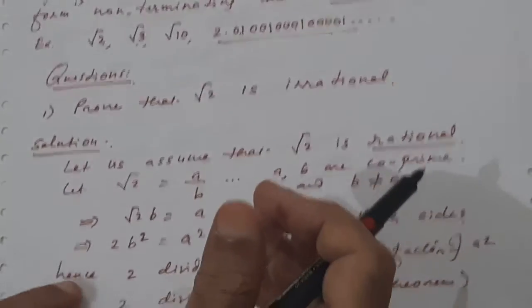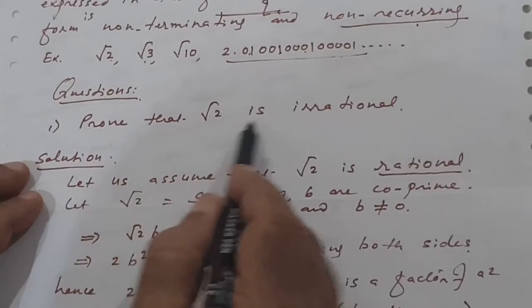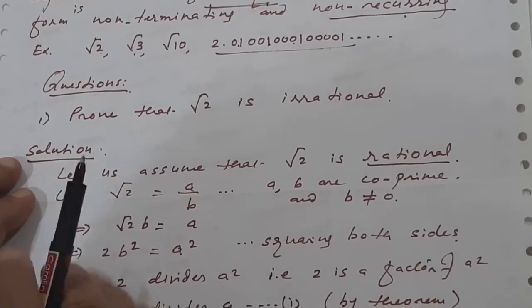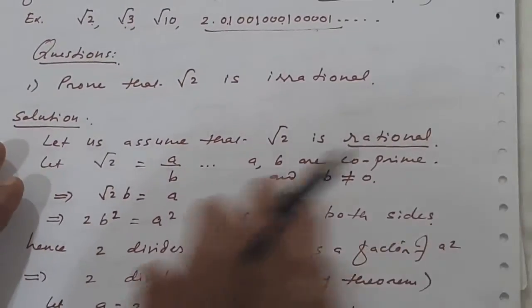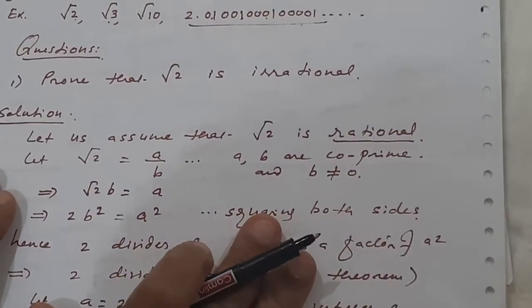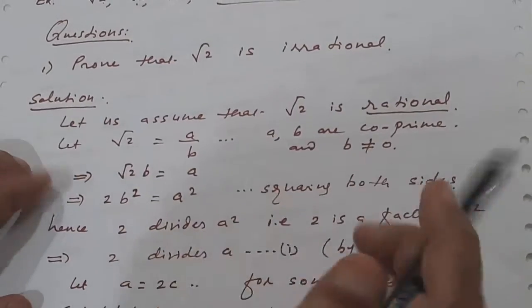Now questions from the textbook. Prove that root 2 is irrational. Now we'll use the indirect method of proof. There are two or three things you have to remember and understand properly. Follow all the steps properly.